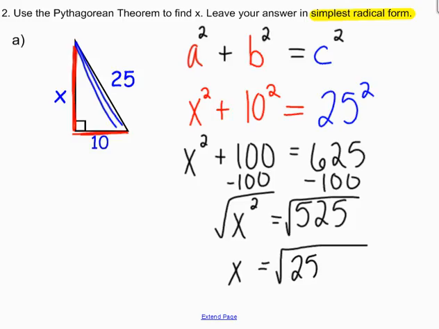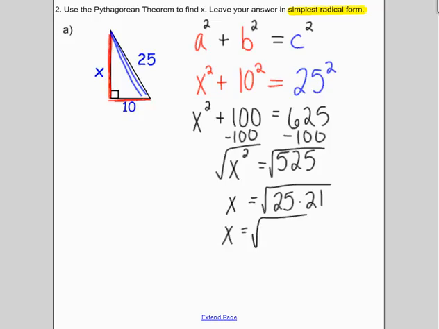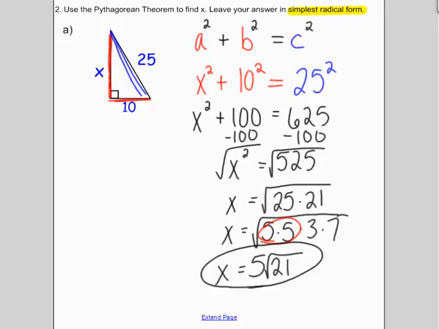And I know that 25 times 21 equals 525. And I can break these down further. 25 is 5 times 5. 21 is 3 times 7. So if these are all prime, I see a pair. So my answer is 5 radical 21. That's the length of x in simplest radical form.